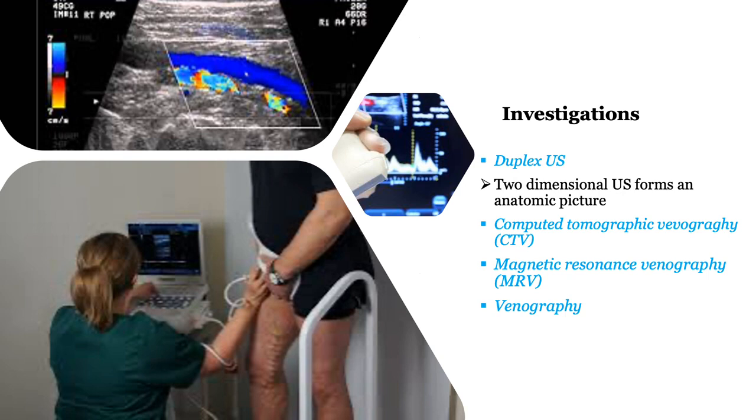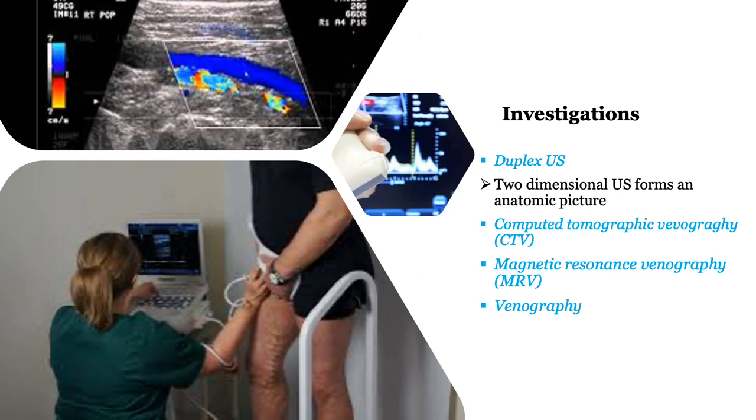Duplex ultrasound will give important information about the saphenofemoral, saphenopopliteal junction incompetence, valvular incompetence in the superficial and deep venous system, size of varicose veins, state of perforators, patency of the deep system also.